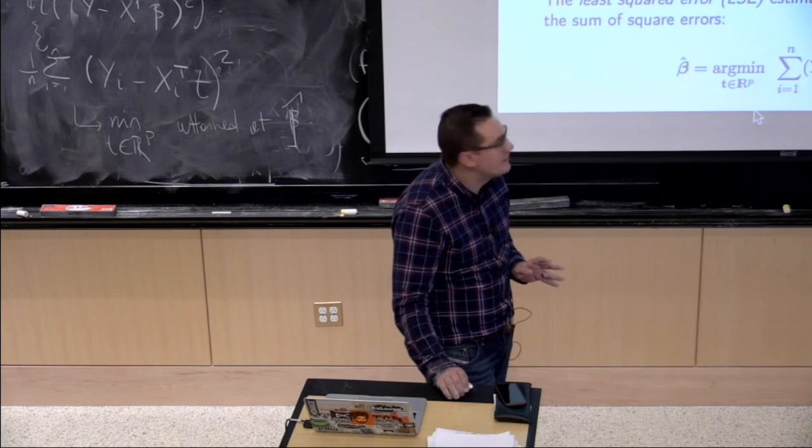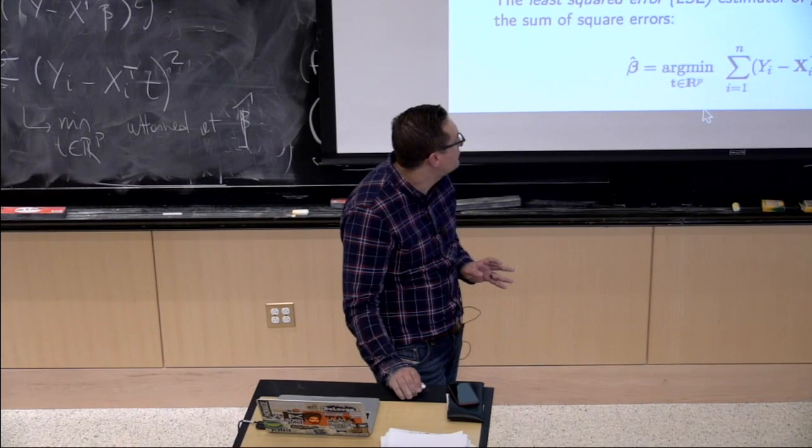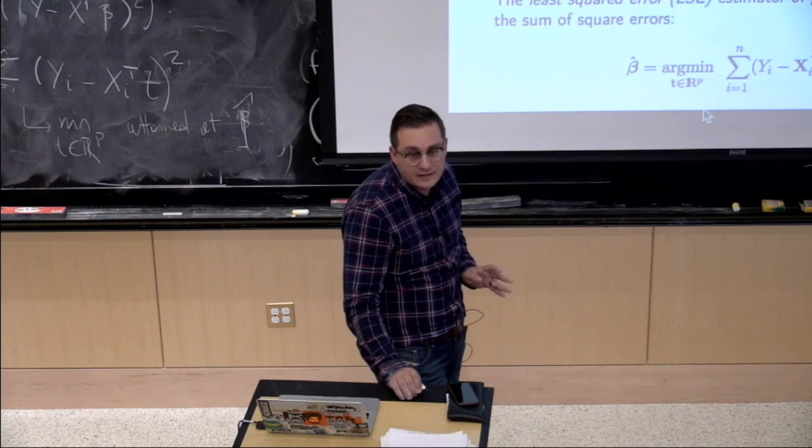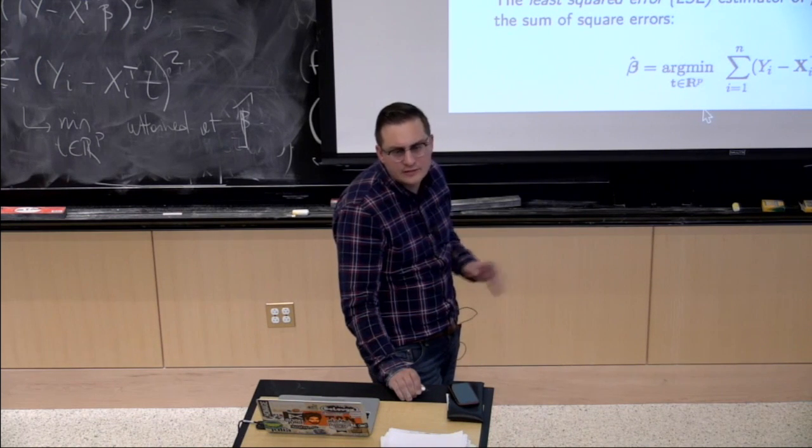The answer is yes. It is not captured there, because that only tells me that epsilon i minus the expectation of epsilon i is equal to 0. So yes, I need epsilon i to have mean 0. Let's assume that the expectation of epsilon i is 0 for this model.